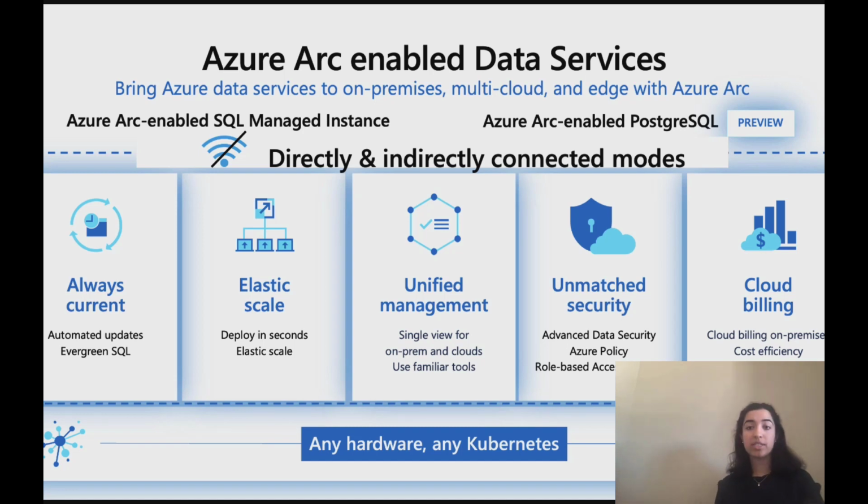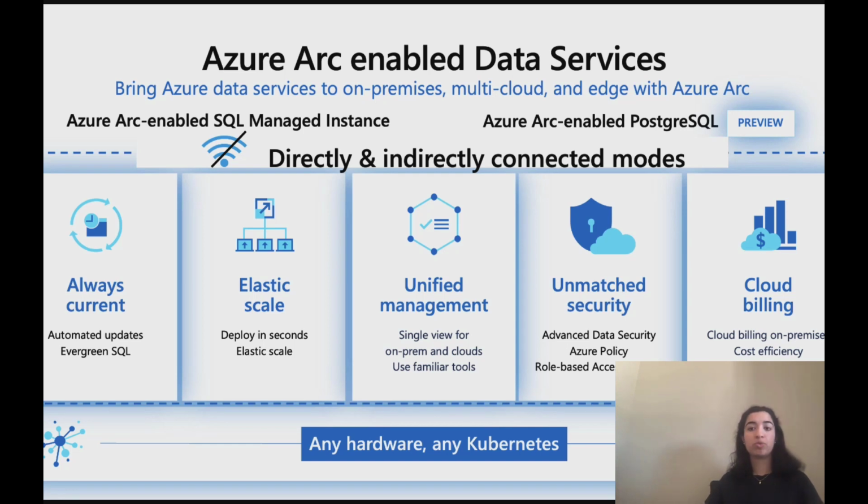So if you're connecting to Azure, you're going to gain unified management as well. Just imagine being able to see all of your data services running on premises alongside those running in Azure through a single pane of glass using familiar tools that you probably already use, like the Azure Portal, Azure Data Studio, and Azure CLI.